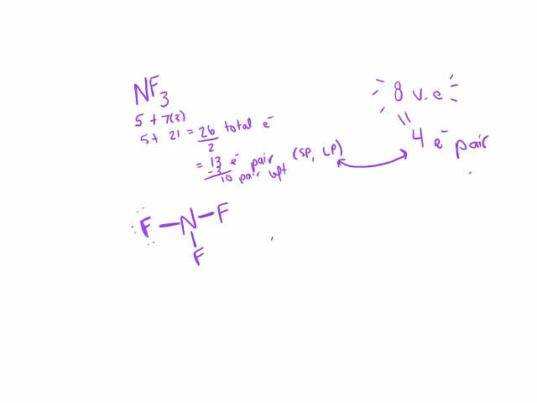I've used 3 pairs so far. 3, 4, 5, 6, 7, 8, 9. So I had 10 pairs, I have 1 left over. That leftover pair is going to go on nitrogen in the empty space that is available. There we go. So here's the correct Lewis structure for NF3.